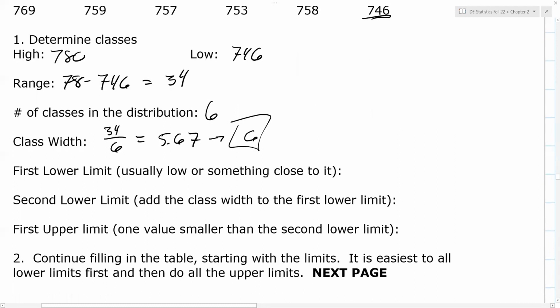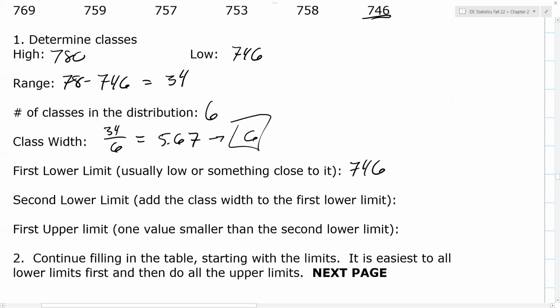Next, we have to figure out where we are going to start. Where we start is typically a nice, neat number that is at least close to our lower limit. For the purposes of our class, we are always going to use the lower limit. Whatever our lowest value is, that's where we start. So in this case, our first lower limit is 746.